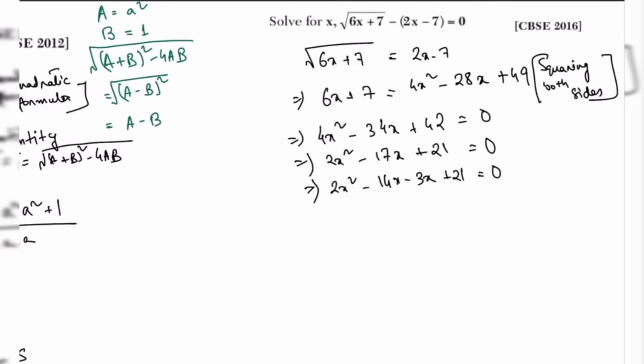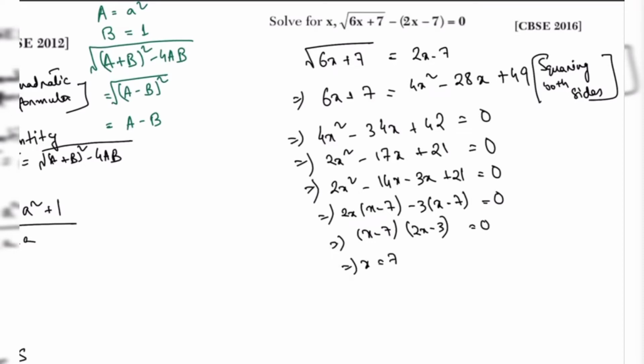So 14 and 3 add up to 17, but their product is 42. So that is what we are looking for. From here we have 2x times x minus 7 minus 3 times x minus 7 is 0, implies x minus 7 times twice x minus 3 equals 0, implies x equal to 7 or x equal to 3 by 2.